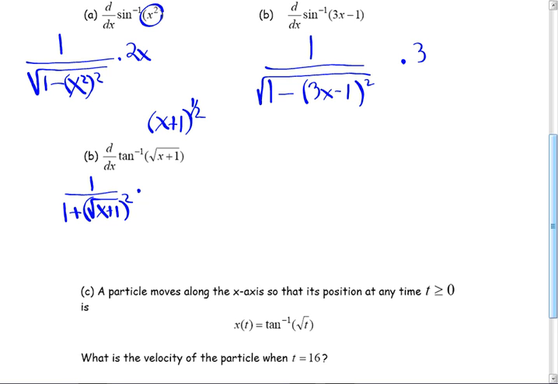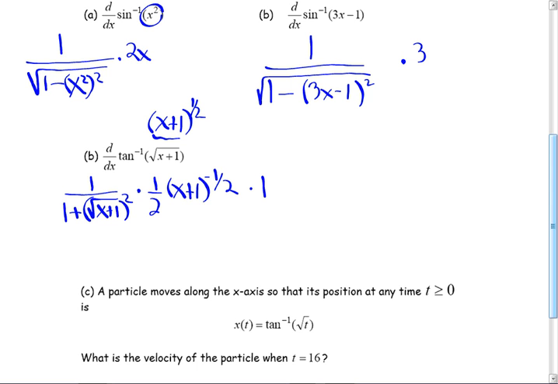We have to do the derivative of that square root. Okay, what is that? 1 half x plus 1 to the what? Negative 1 half times the derivative of what's in there, which is 1. That's no big deal. The derivative of x. Had this been a 3x, it would have been times 3.